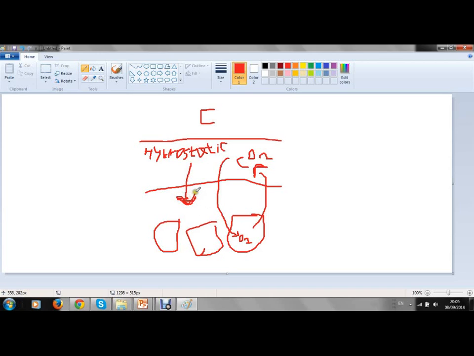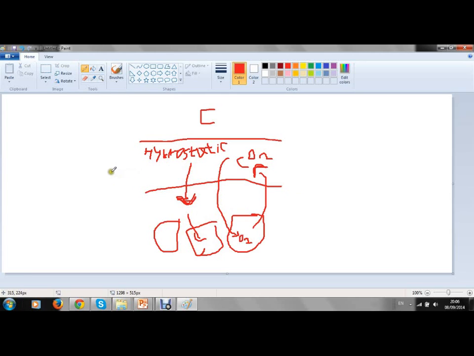It forces things in, but of course, if this hydrostatic pressure increases, then more plasma proteins will enter through the capillaries into the interstitial area and into the cells. So this is one of the forces.